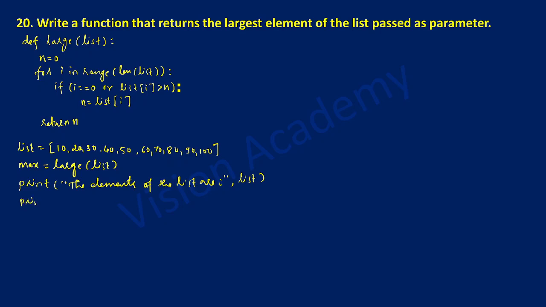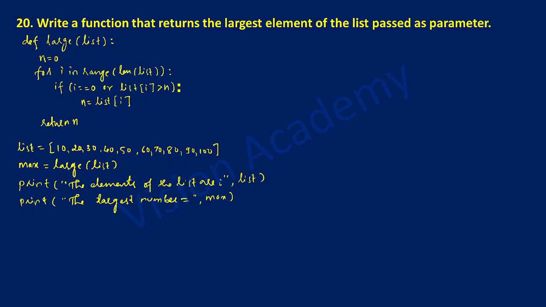Now write one more statement called print, and in a double quotation mark I'll write the largest number or element. You can write is equal to, end the double quotation mark, put comma, max.